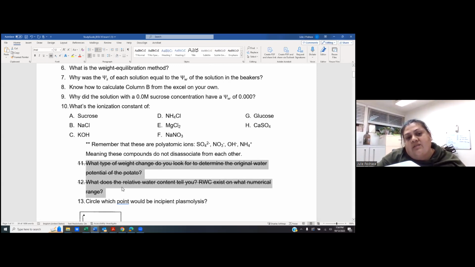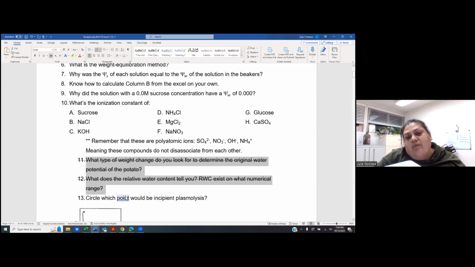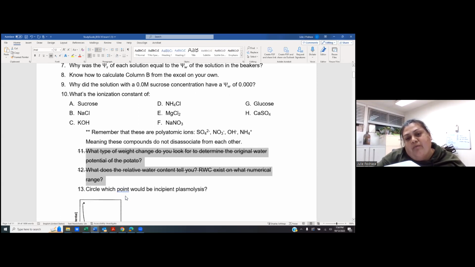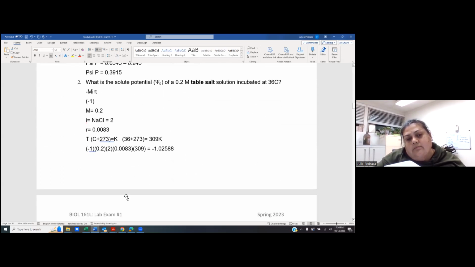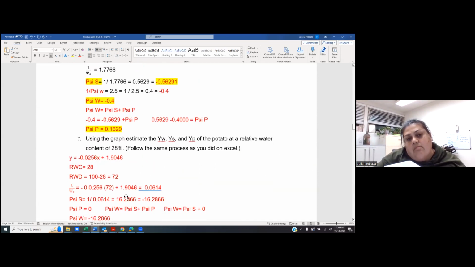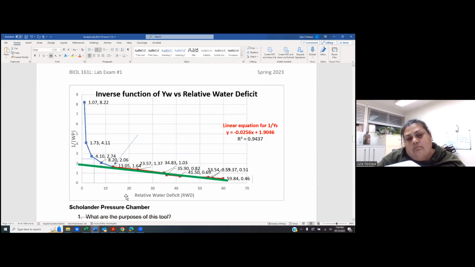And then when it's talking about the numerical range, when we look at this graph, it's going to reach a point where we're over here in this range and it's no longer on the scale. But again, you don't need to know that for the exam.